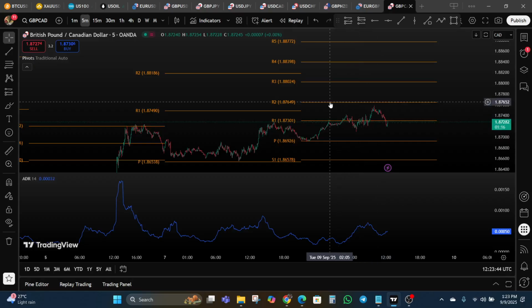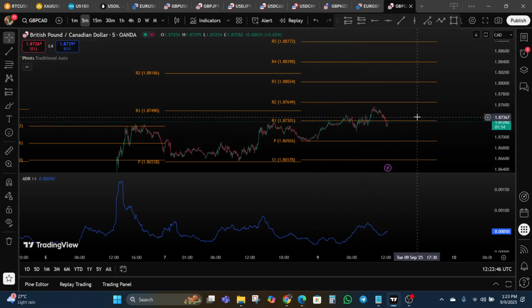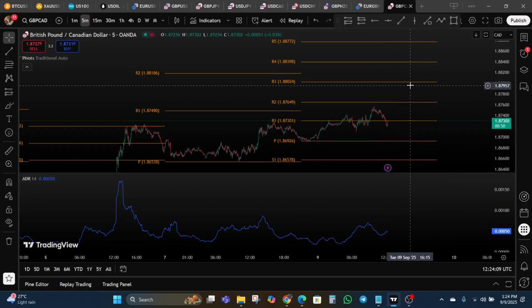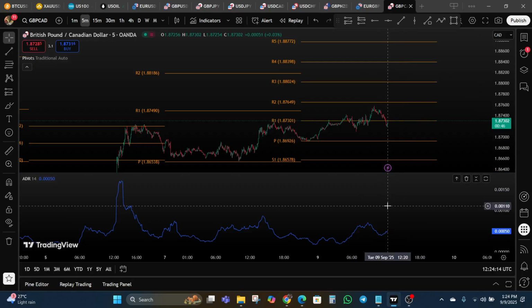If price should break above a pivot point, let's say this one now, for example, and around that time your ADR value is high, you have an upward breakout near ADR high, and it signals strong momentum.